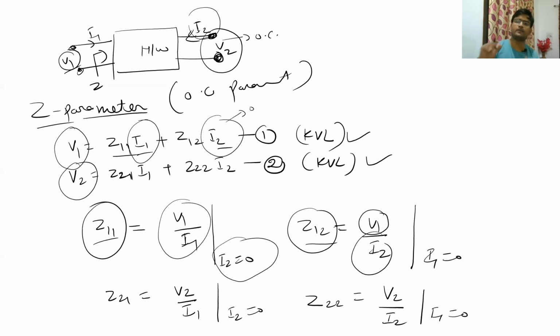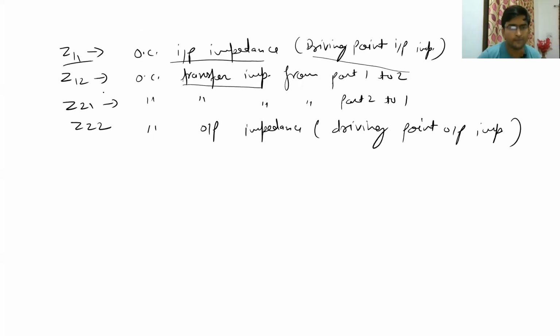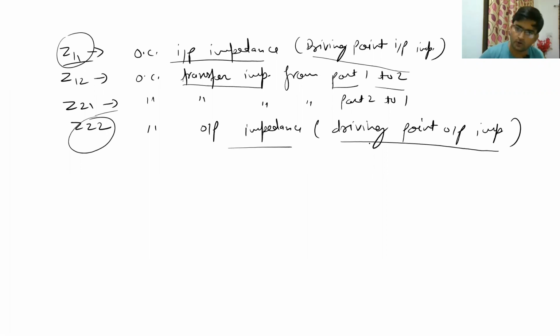It is a kind of impedance which seems like it is being transferred between port 1 and port 2. That's why Z12 is called open circuit transfer impedance from port 1 to port 2, and similarly Z21 can be called open circuit transfer impedance from port 2 to 1. Now similar to Z11, Z22 is open circuit output impedance, also called driving point output impedance, right?